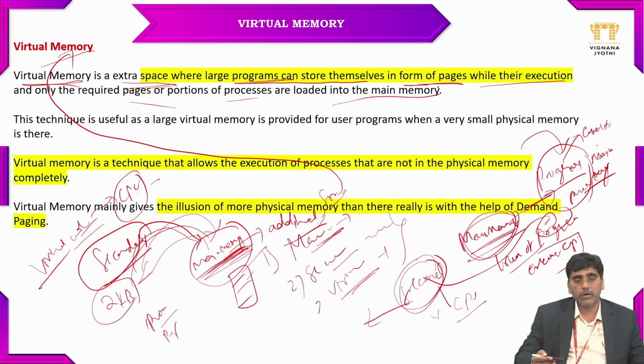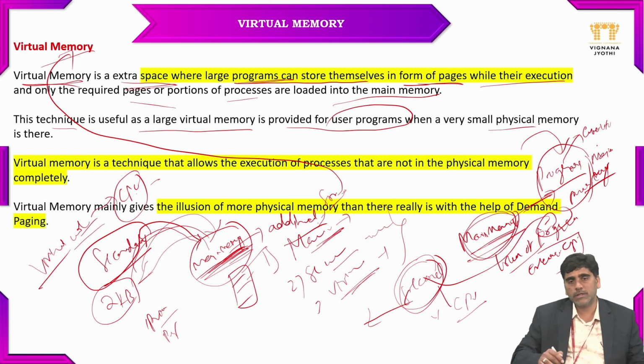When the program size is large, main memory cannot handle the entire program, so it looks for additional space from the CPU, and the CPU provides virtual memory. This technique is useful because large virtual memory is provided for user programs when a very small physical memory is there.